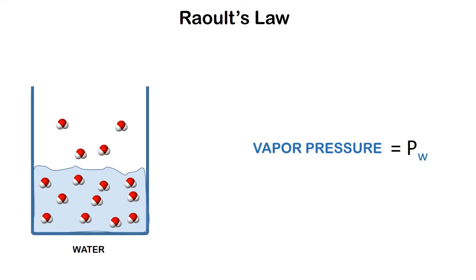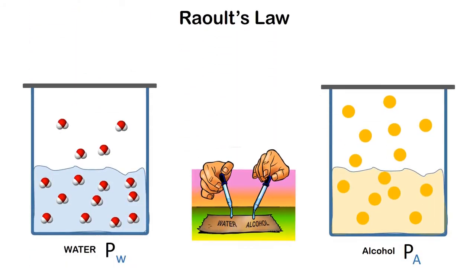Hi there. We will derive an intuitive understanding of Raoult's law in this video here. Water molecules evaporate and create a pressure called vapor pressure, which is constant at thermodynamic equilibrium. When we compare water and alcohol, we know that alcohol evaporates faster.